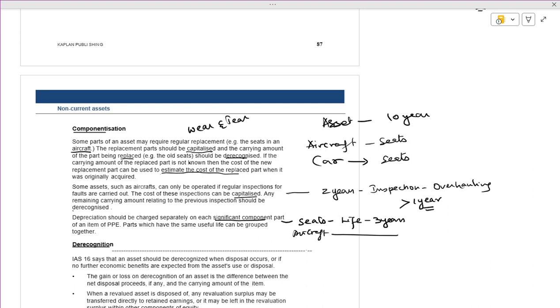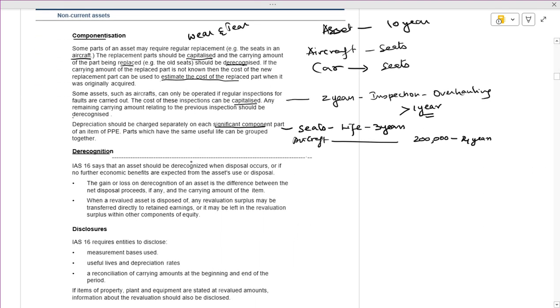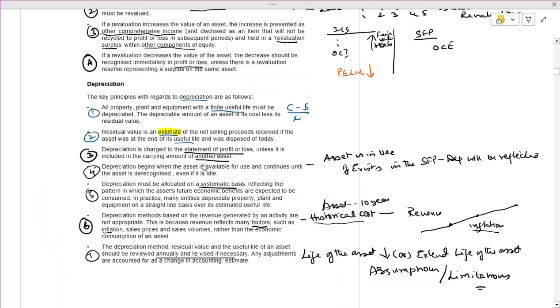Assume the aircraft will have a life of 200 miles, and definitely assume it is going to be 4 years. You should make a very distinct differentiation between the depreciation of the aircraft and the depreciation required for a specific component. Fine. Now, what we have done, we have done very systematically.